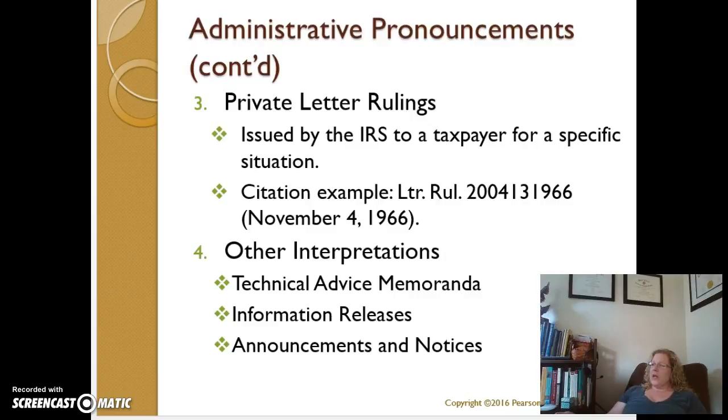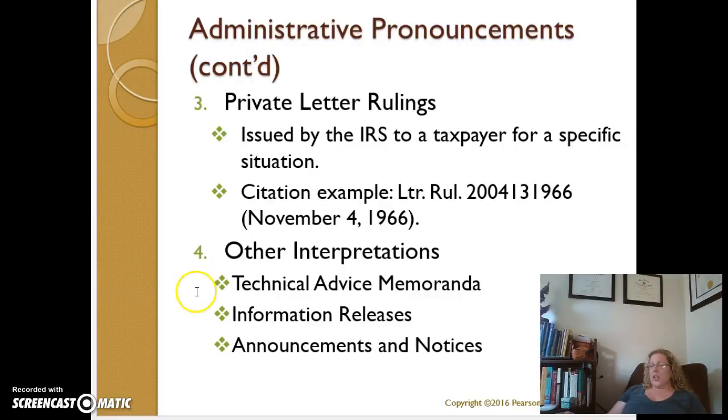And then you have private letter rulings. These are issued by the IRS to a taxpayer for a specific situation. They are only applicable to that particular letter ruling and that particular taxpayer, although they are good to look up to have an idea, if you had a similar case, how the IRS might rule.